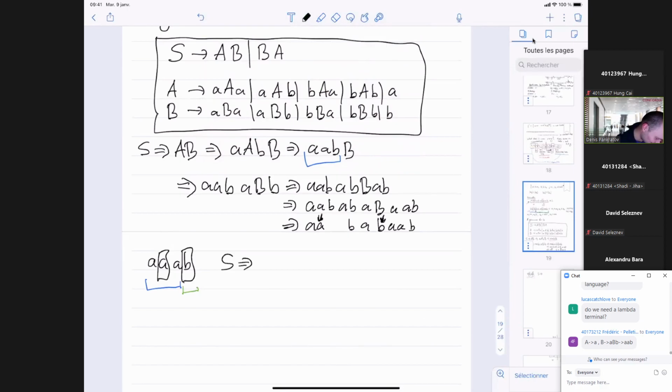So we get A, B like this, and we have A, B, and we have A, B, and this is how we generate A, B. So you can generate even or odd, doesn't matter.